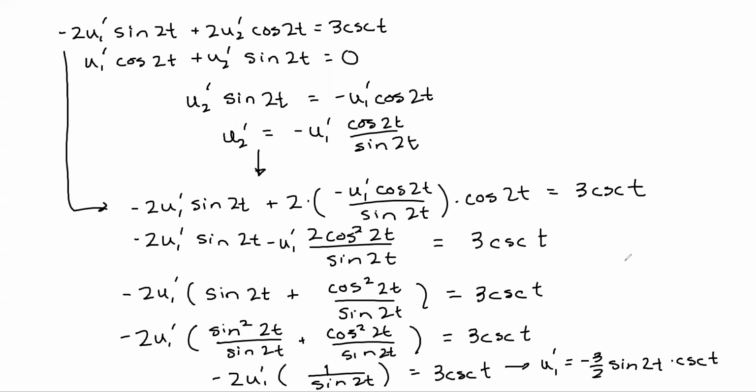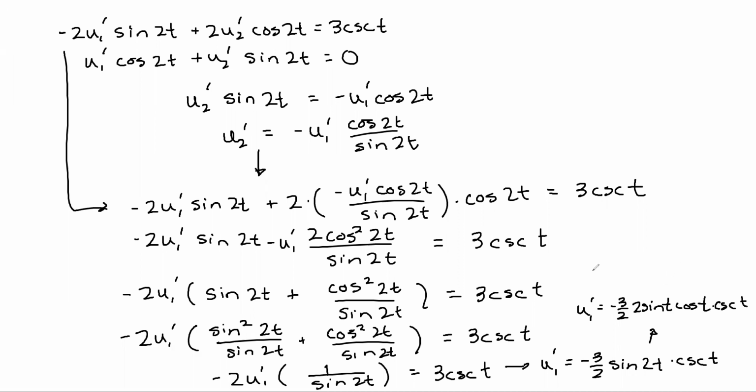Okay. And then the last thing we can do is use the identity. So we're going to have u1 prime equals negative 3/2. The identity for sine 2t is going to be 2 sine t cosine t times cosecant t.